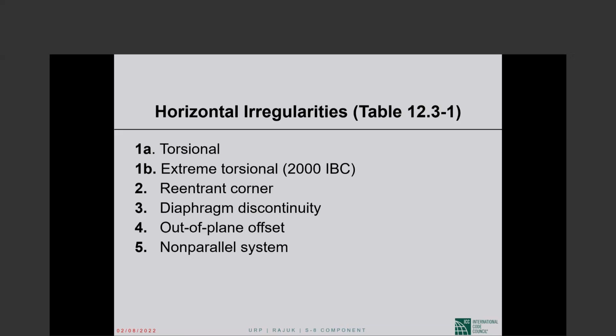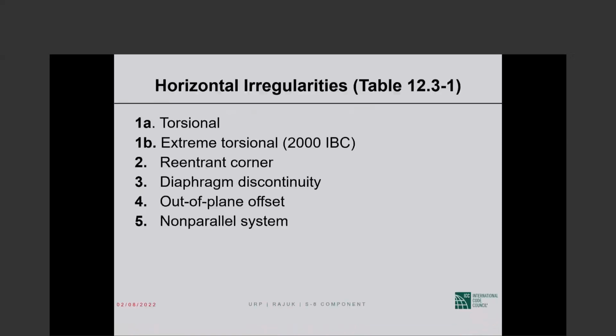Okay, so I want to take you through basically all of that. What is the definition, and what does ASCE 7 ask you to do if you have that particular type of irregularity.